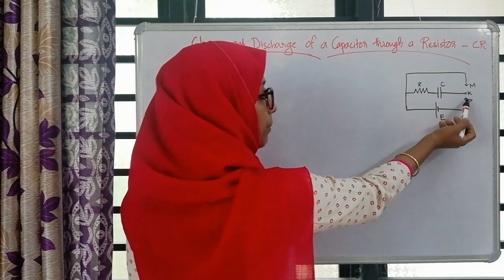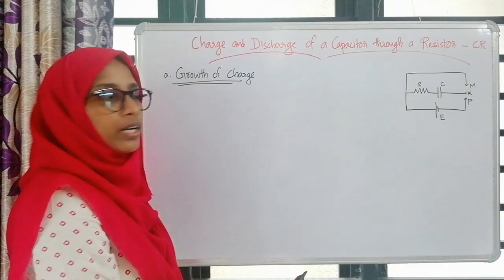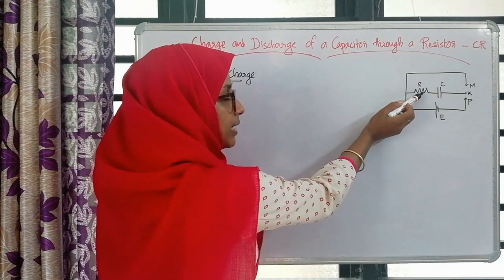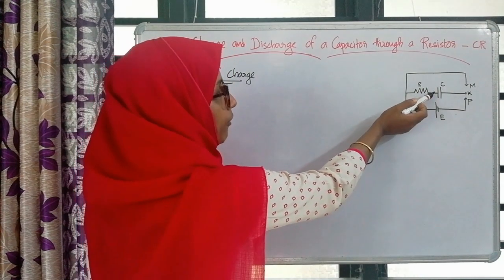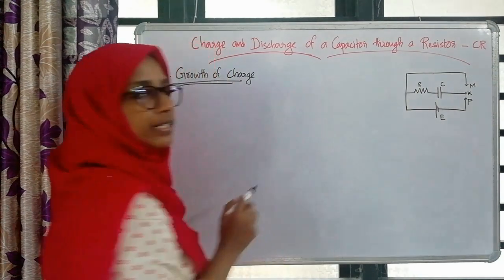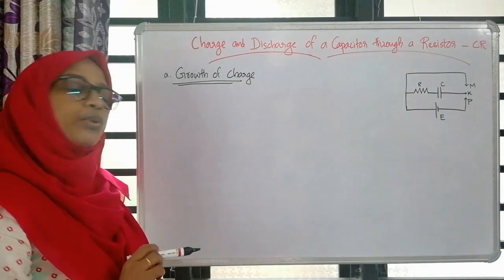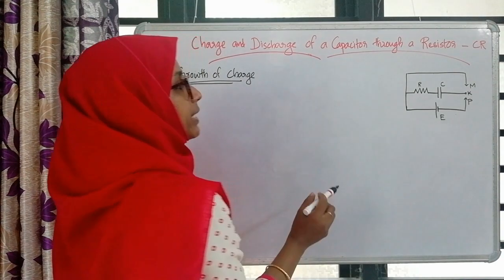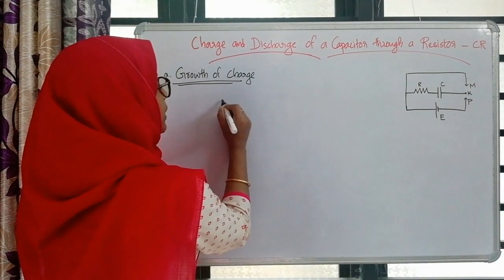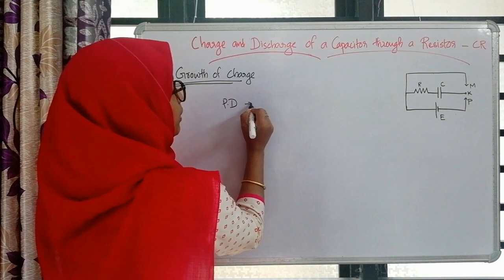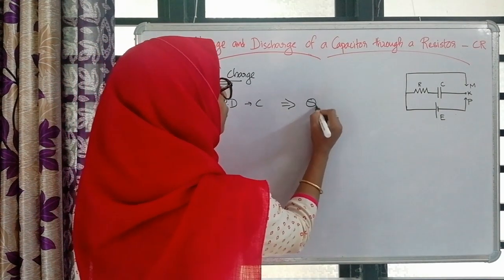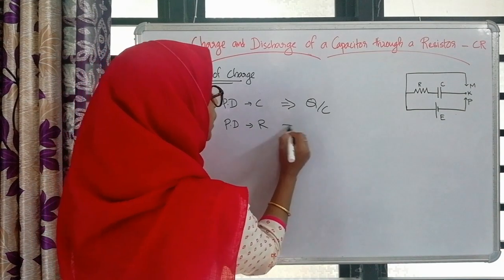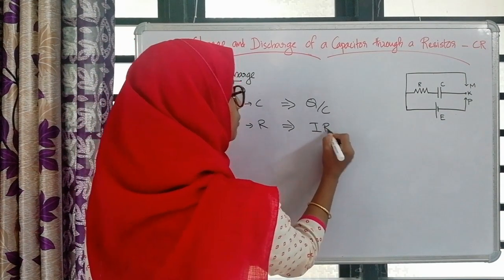When the EMF is applied across this circuit, a potential difference and a current are produced across the resistance, and there will be no current flow across the capacitor, but the capacitor gets charged to Q. In such a way, the potential difference across the capacitor will be equal to Q by C and the potential difference across the resistance will be equal to IR.